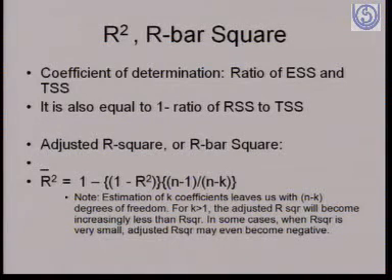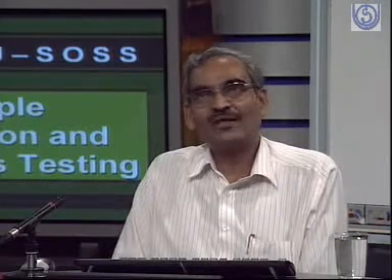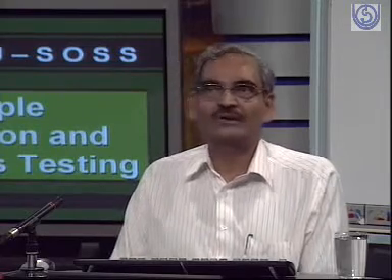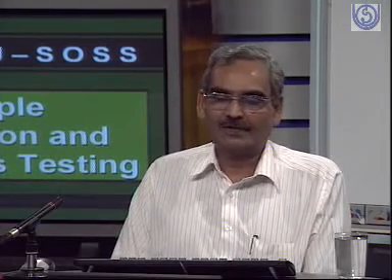Now notice one thing, R bar square is related to R square, but the adjustment has been made for the number of parameters that have been estimated. And usually the magnitude of R bar square is less than the magnitude of R square. That is the cost which you have to incur, in terms of the efficiency of the model, by including a larger number of variables in the model, right?